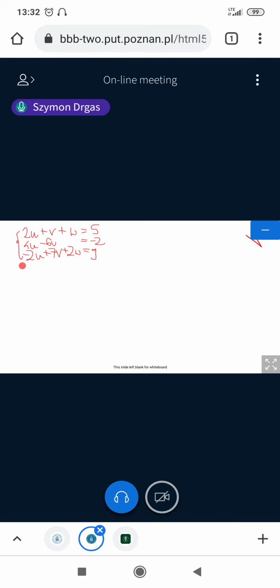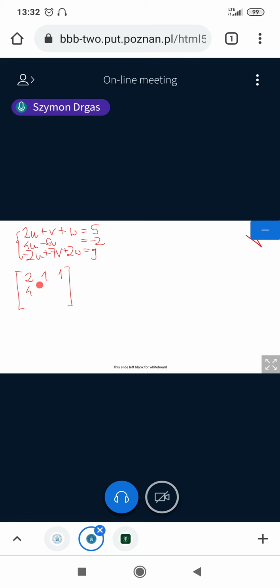And we can use a much more compact version of writing the system of linear equations. So we can separate these coefficients that are in front of variables and variables. In the first equation, we have 2, 1, 1.